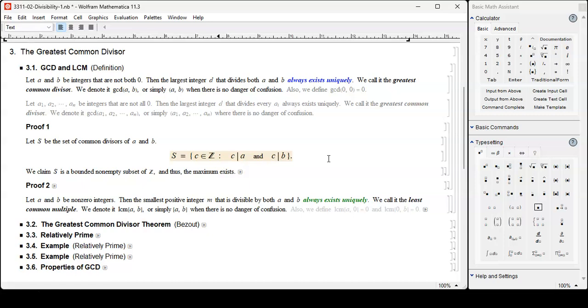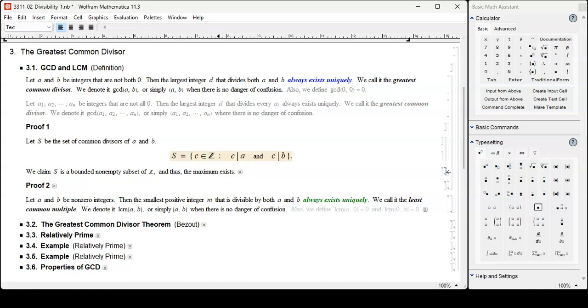Every non-empty subset has the smallest element, the minimum. If it is bounded above, then it's the opposite. It is well ordered in backward order, so every non-empty subset has the largest element, the maximum. In this case, we have to prove the latter. So we have to prove that the set is non-empty and bounded above.